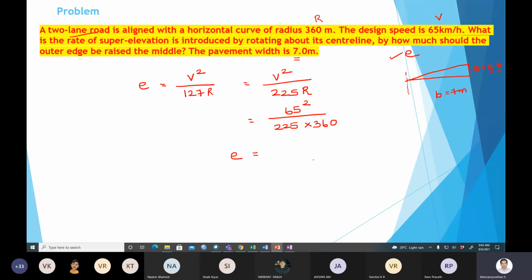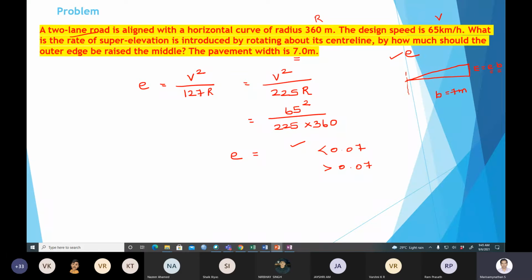Then we have to check the limitations: whether this value is less than 0.07 or greater than 0.07. If it is less than 0.07, you take it as it is. If it is more than that, you have to finalize your value as 0.07. Then you go to step 2.